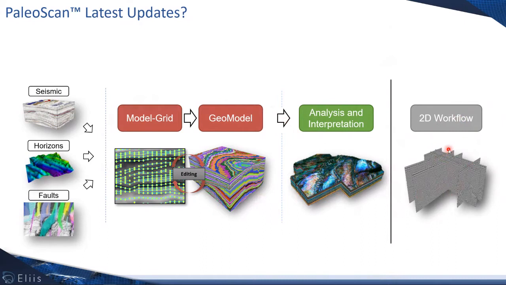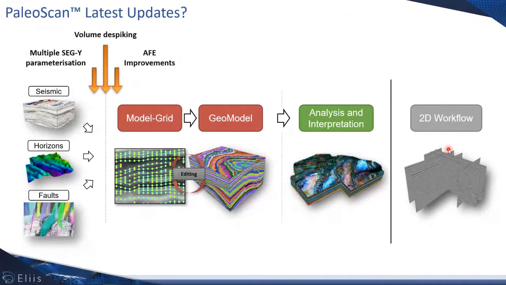So the question is, what are the latest updates on the platform of PaleoScan? The first thing you can visualize in this workflow is that, when you're importing your seismic volumes, you can use some multi-parameterization to fix your byte ID differently according to the seismics that you're importing. It's supposed to help you a bit in case of multi-import.